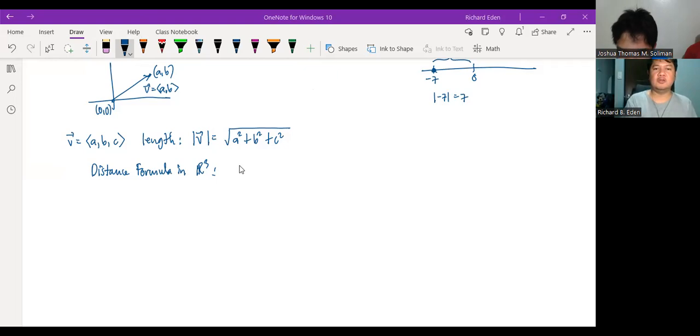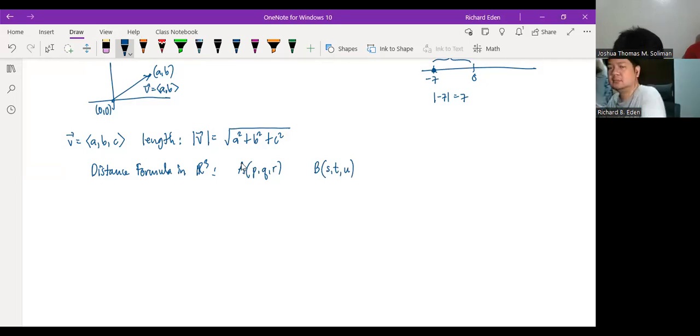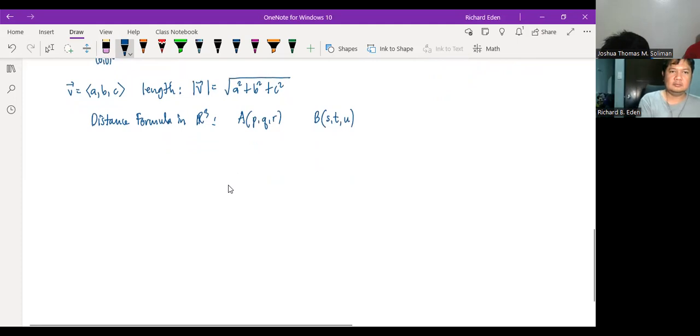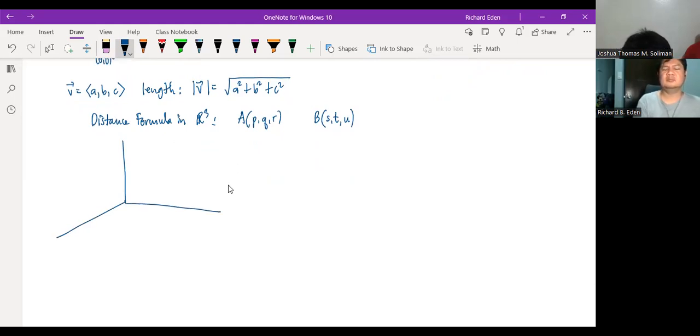All right, so let's say we're given the following 2 points: A with coordinates P, Q, R, and then B with coordinates S, T, U. Maybe I don't need the X, Y, and Z axes.